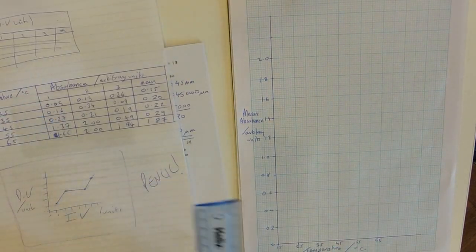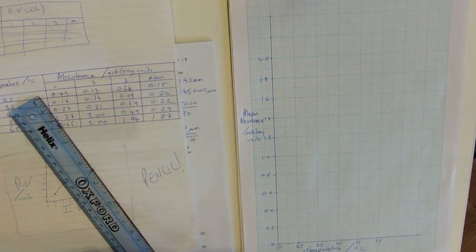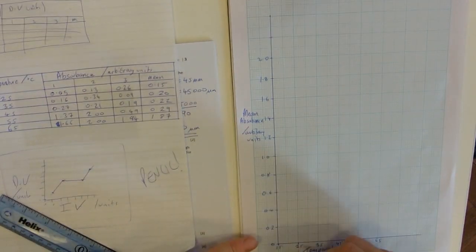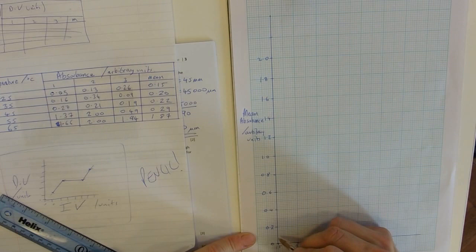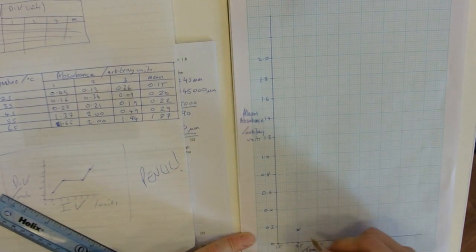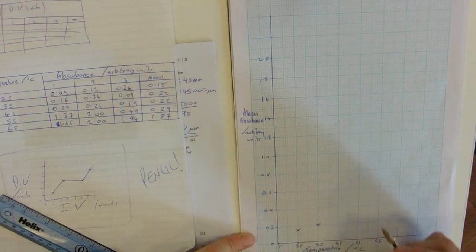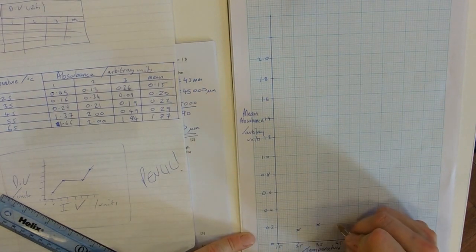Okay. So now I can plot some points. 25 is 0.15 arbitrary units. So 25, so there's 0.15, so halfway between there. 35 is 0.2. 45 is 0.22.